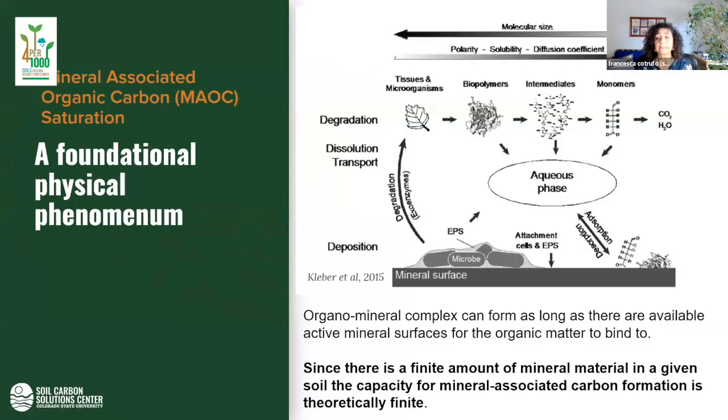It's basically physics, right? We need mineral surfaces to accumulate organic carbon. The mineral surfaces in soil are finite, and therefore it is a foundational physics phenomenon that at some point we are expected to saturate the capacity of these mineral surfaces to accumulate carbon.